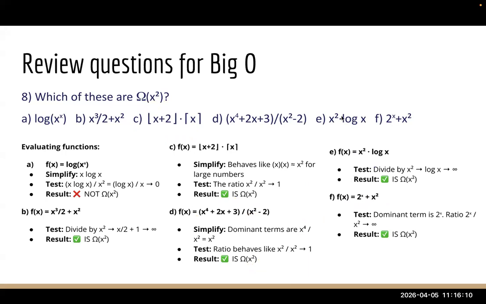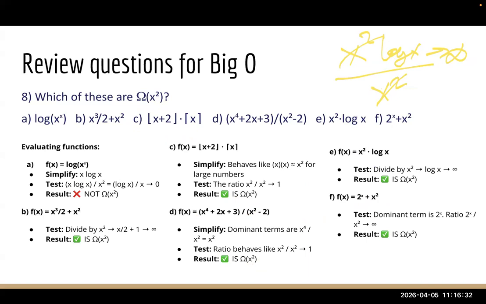Now, for part E, x squared log x, we have x squared log x over x squared. This goes to infinity, and therefore it satisfies the omega x squared condition.